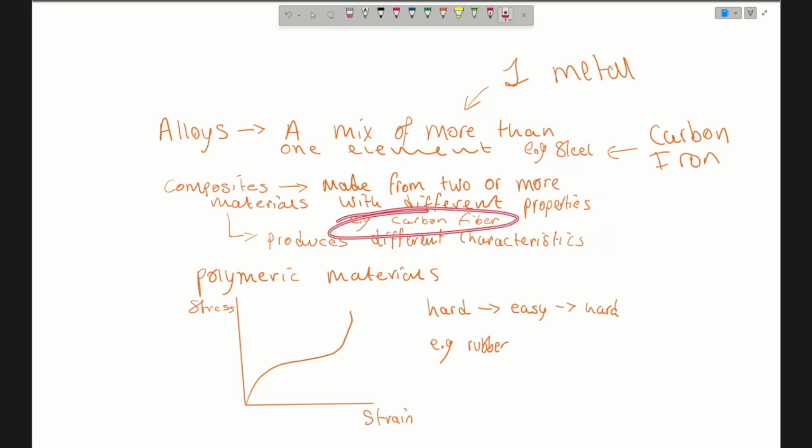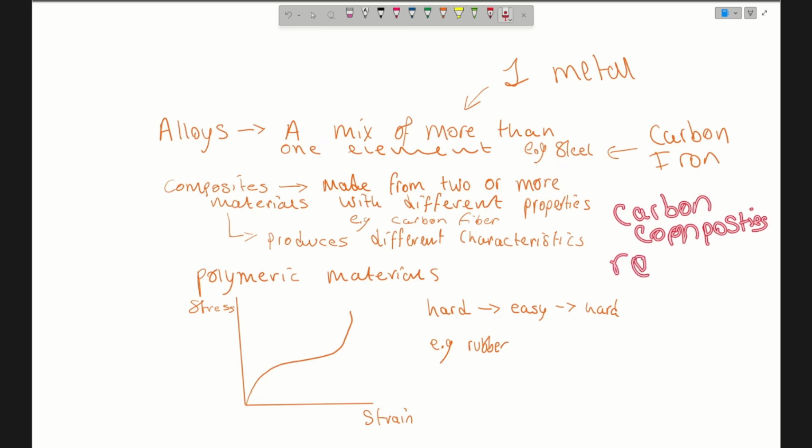An example of this you can see wedged in the middle for some reason is carbon fiber, which is carbon composites, I messed up there, and resin. I'll just give up on that. Let's try again. That is carbon composites. There we go. And resin. Those two together make carbon fiber, which has a mix of properties from carbon strength and resin hardness.